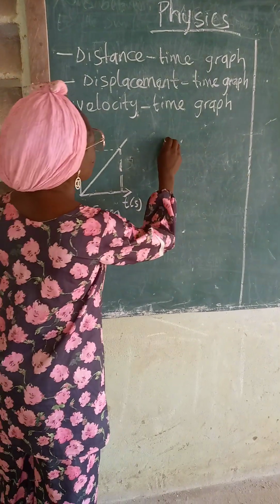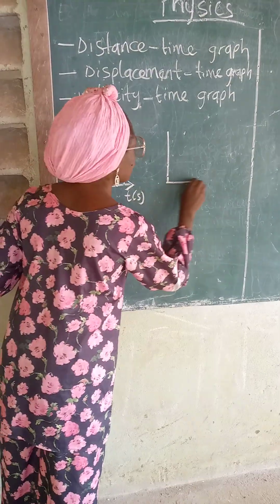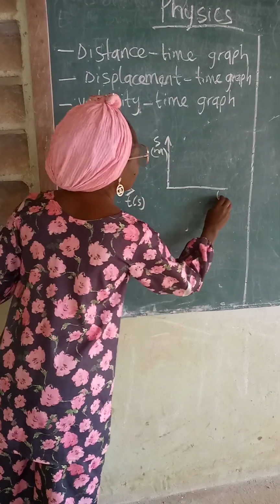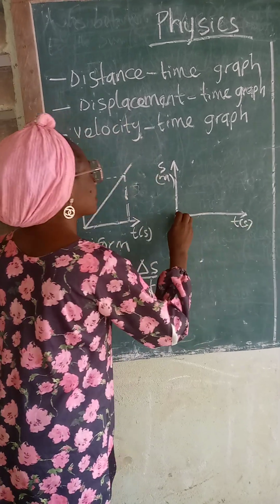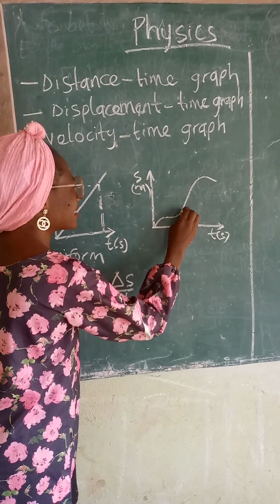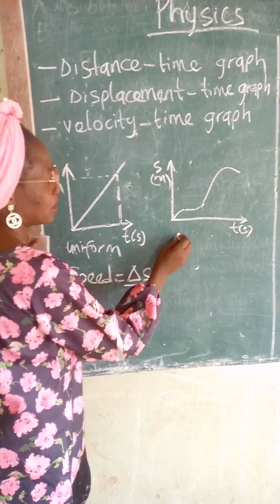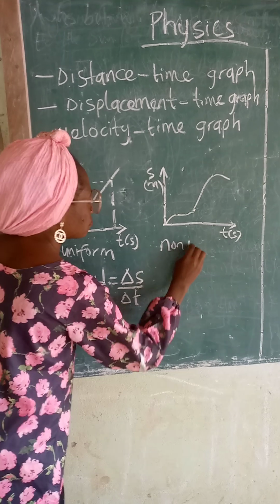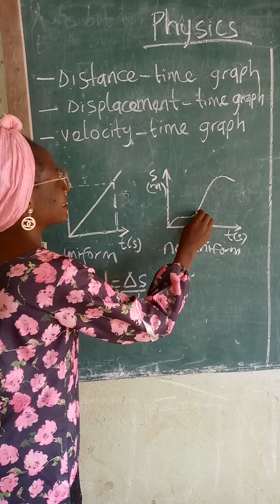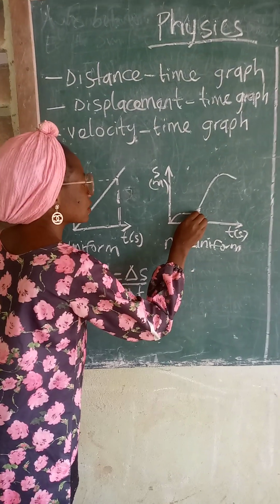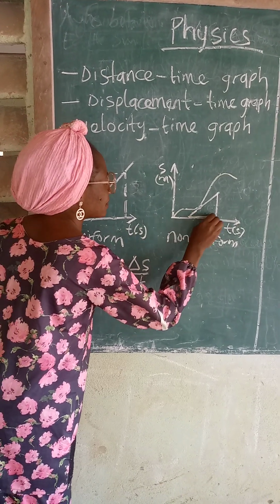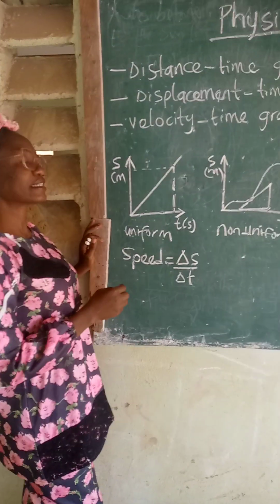Then for a non-uniform motion, you have something like this: distance in meters, and time in seconds. The graph is usually like this. The gradient of this, for non-uniform motion, gives us the slope, which is the speed.